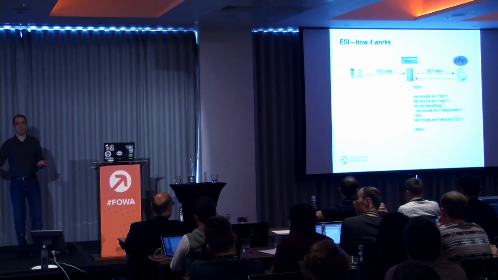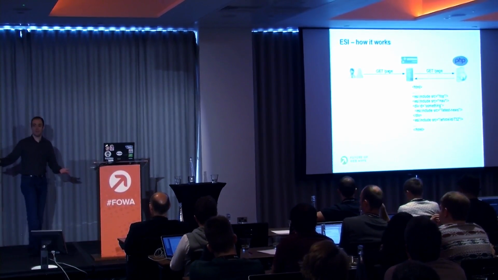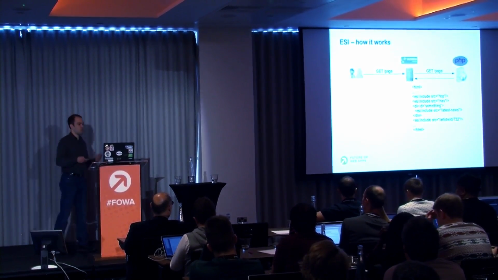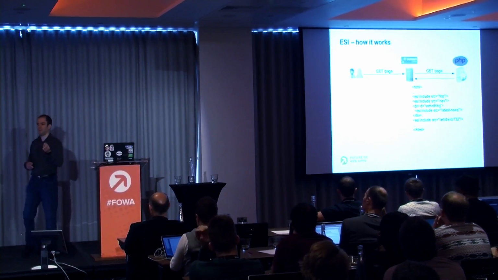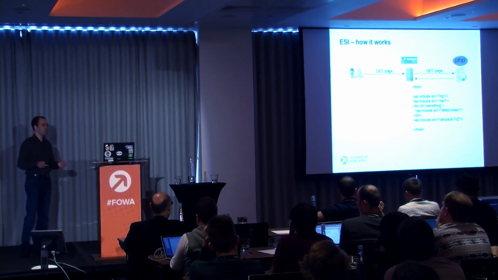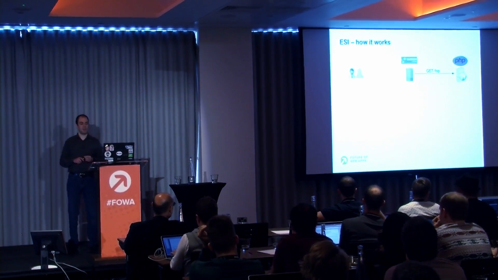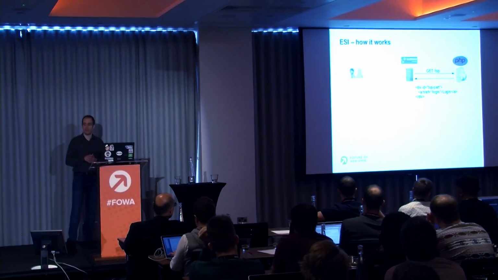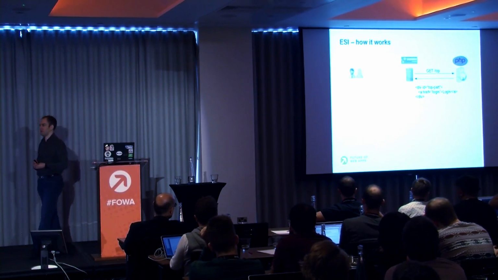Now, if you send this to the browser, it will just ignore it because the browser doesn't know how to handle ESI tags. But Varnish luckily does, and it will see ESI include source equals top and say, oh, I need to go and fetch /top. So it's going to make a second request to /top, and the web server is going to reply, oh, /top, that's a div with a login link, nothing more than that.